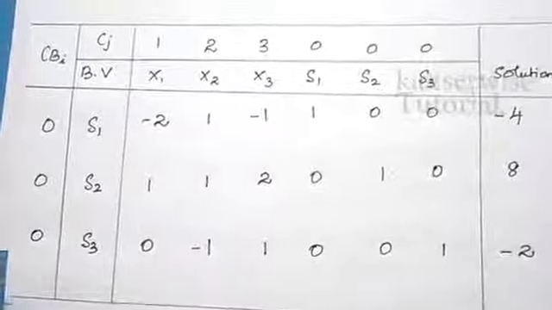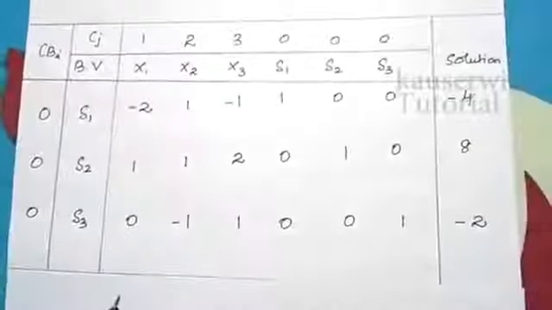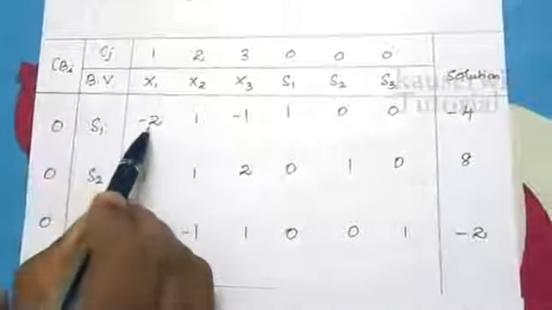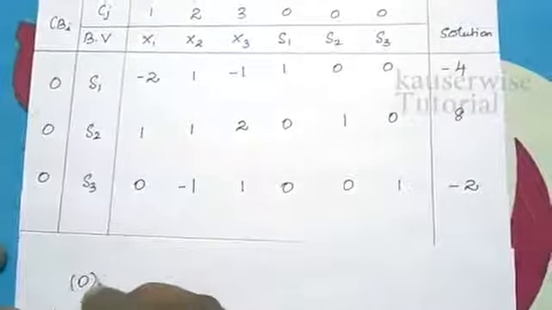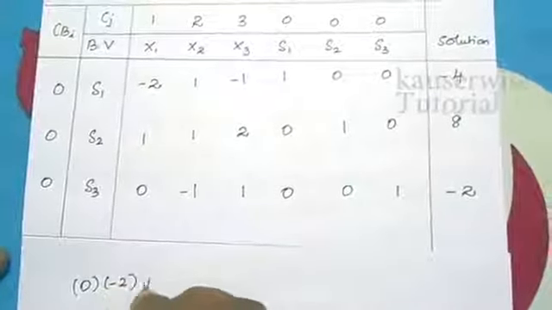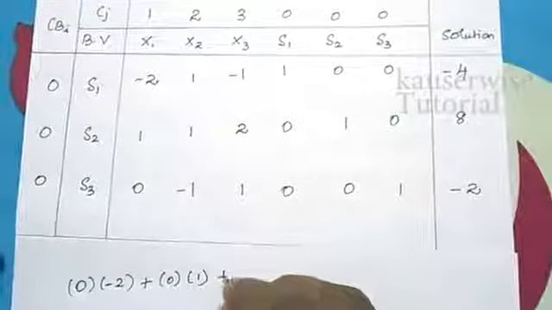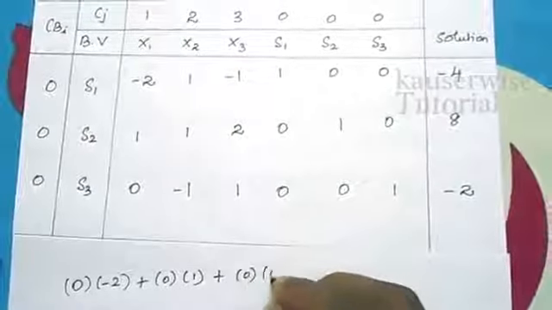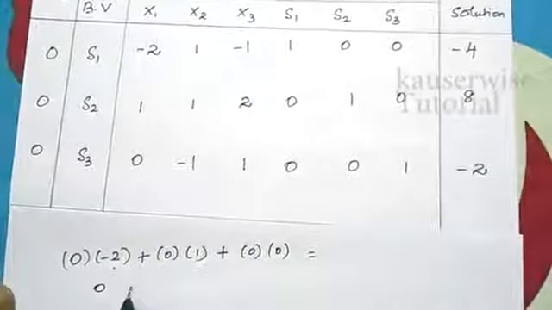Now we have constructed the simplex table. Now we need to find the Zj values. This is the procedure: 0 into minus 2 plus 0 into 1 plus 0 into 0 is equal to 0 plus 0 plus 0.